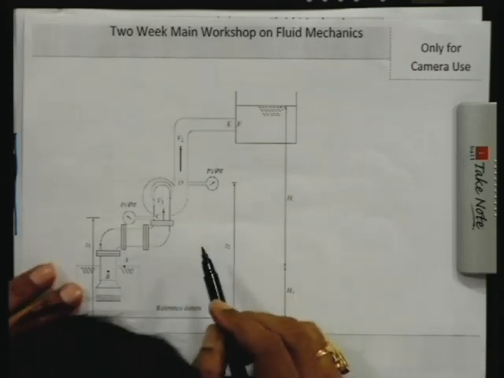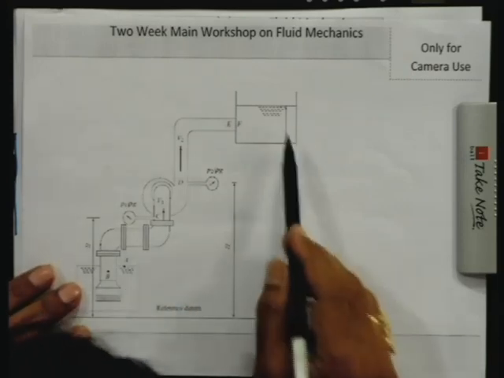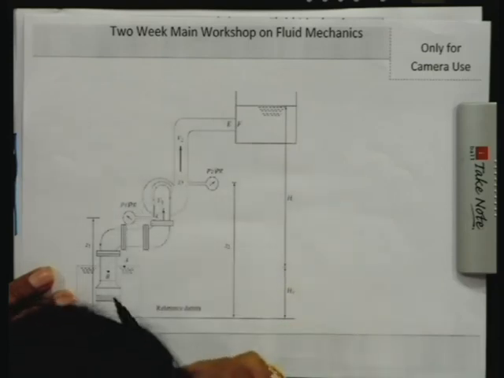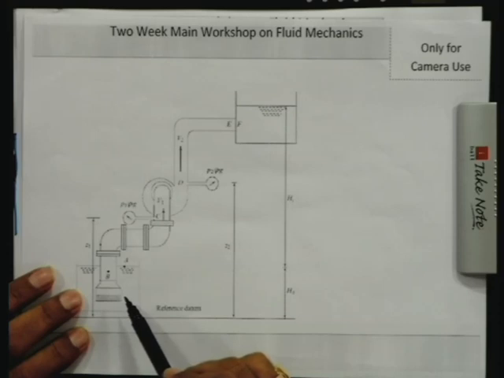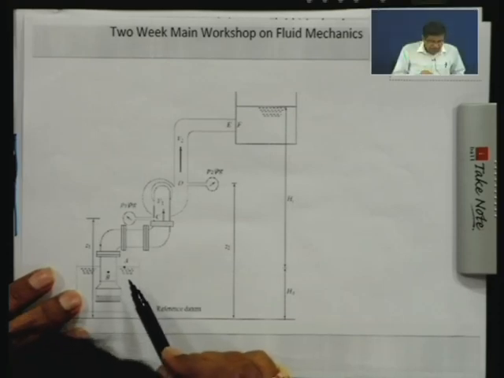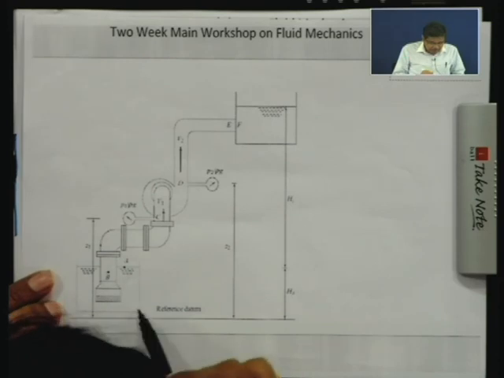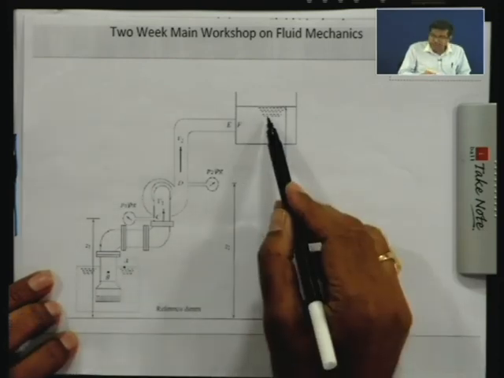If we refer to this figure, in general pumping we refer to lifting water, a very general use, from a reservoir at the bottom to a reservoir at an altitude.